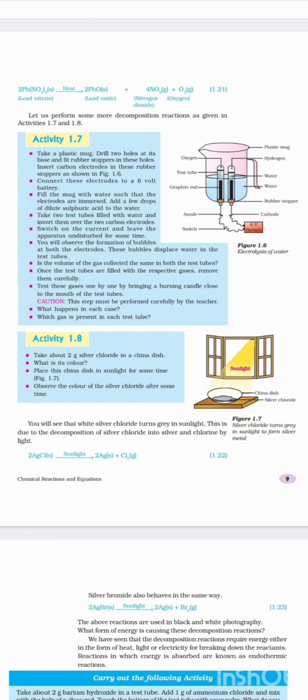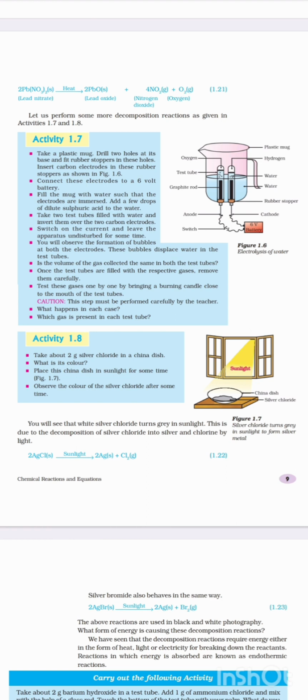Connect these two electrodes with a 6-volt battery, or a battery of any voltage can be taken. Fill the mug with water such that the electrodes are immersed. Add a few drops of dilute sulfuric acid to the water. Take two test tubes filled with water and invert them over the two carbon electrodes. Switch on the current and leave the apparatus undisturbed for some time.